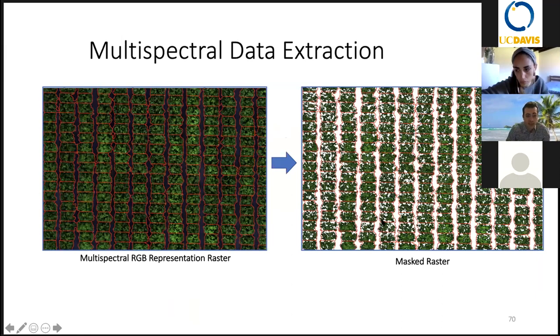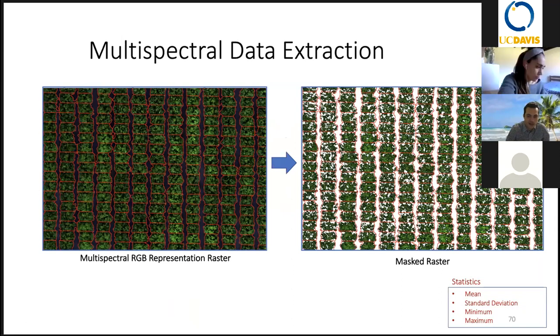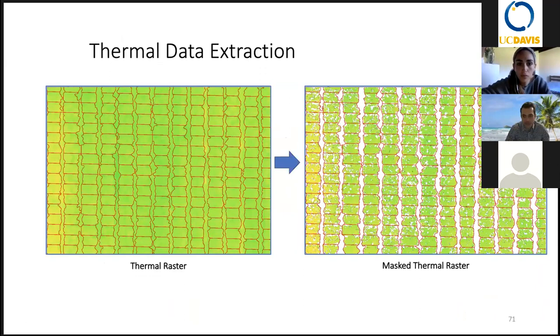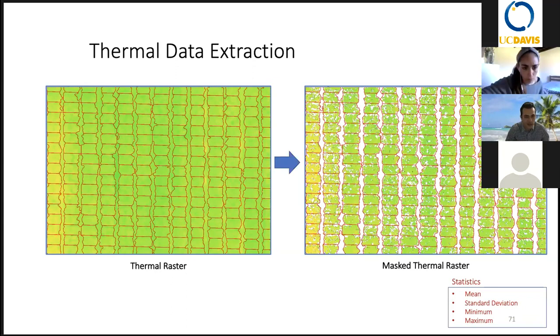So we had reliable multispectral data, and this is the mask. We measured per-channel mean, standard deviation, minimum and maximum. For thermal, we did a similar procedure, masking the thermal raster so we knew the pixel values belonging to each tree, not the ground or other objects.